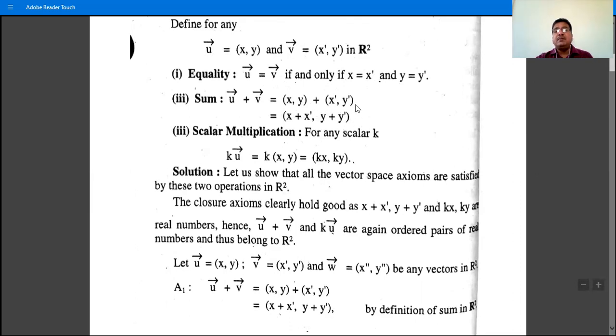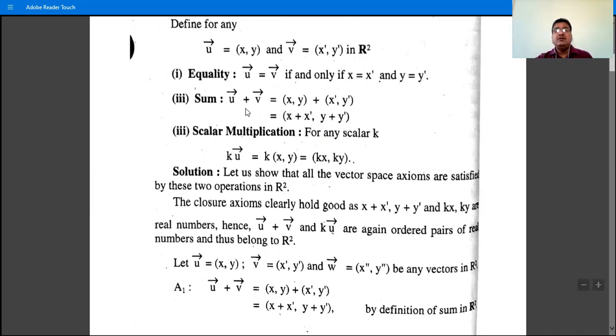This is an element of R square, because x, y, x dash, y dash all are real numbers. Addition of two real numbers is a real number. So this is a real number, this is a real number. And therefore u plus v belongs to R square for all u and v belonging to R square.